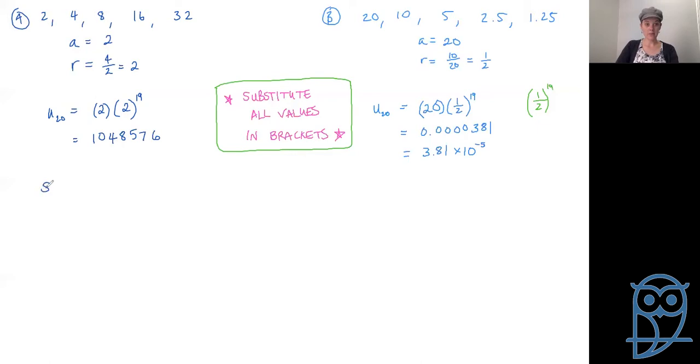Okay, so S20 equals A, so 2, and we're going to use that version where our R is big so we can work with all the positives. So it would be R to the n, 2 to the 20, minus 1, over 2 minus 1. So again, this is not a happy state of affairs.